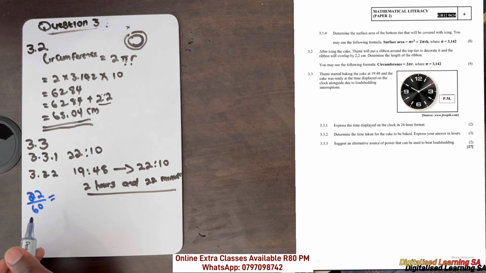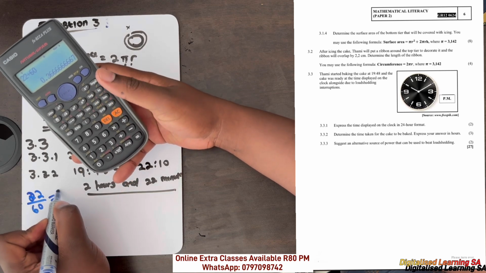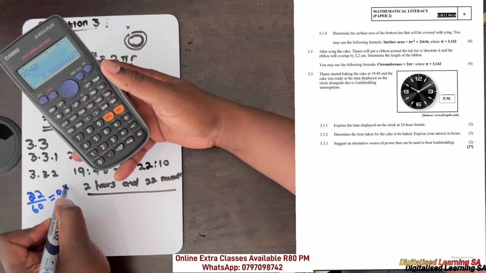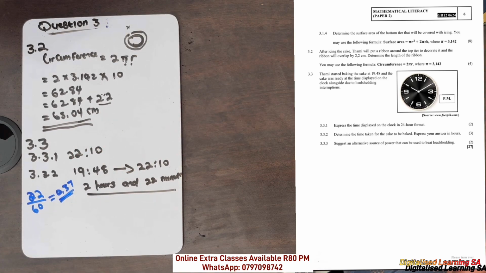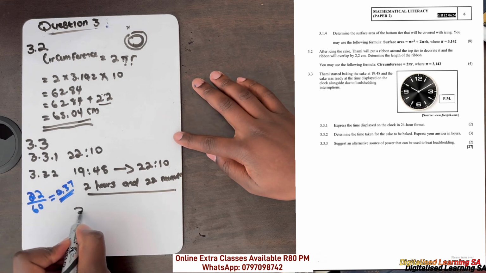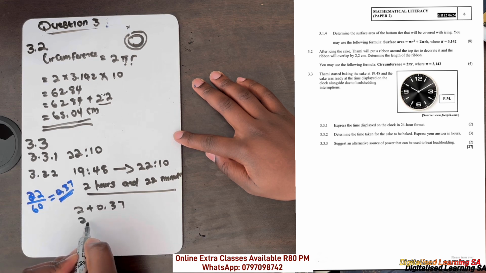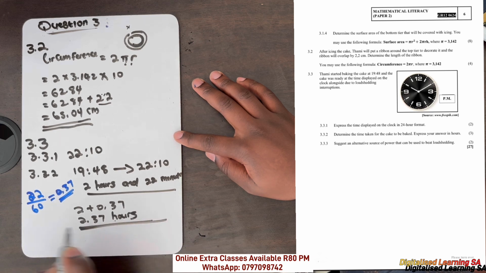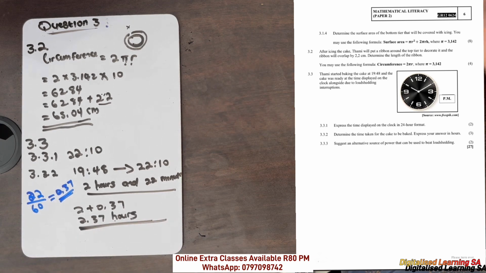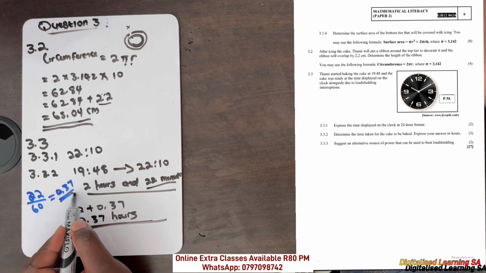So we say 22 divided by 60, and if we divide, we will get something like 0.37, meaning that now we are going to add 2 plus 0.37, and our answer will be 2.37 hours. So now our answer is represented in hours. We added 0.37 because we converted 22 minutes into hours. So this is where it is coming from.